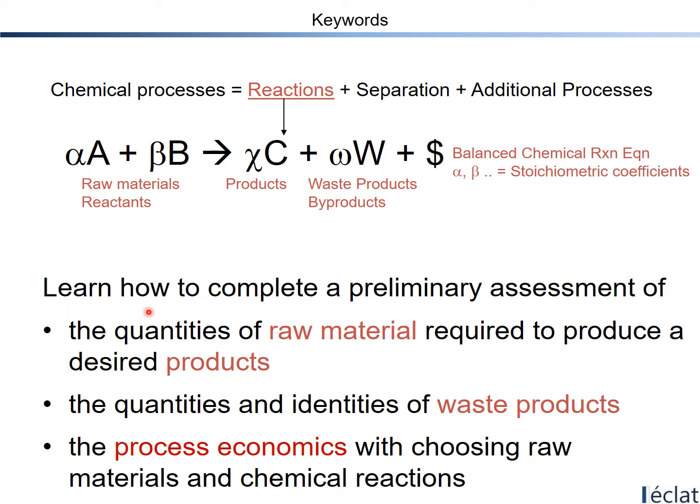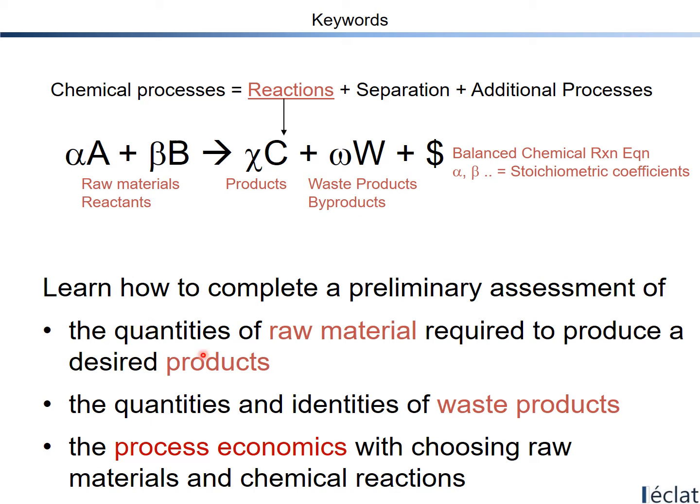You will learn how to complete a preliminary assessment of the quantities of raw material required to produce a desired product. So raw material, product, and we are thinking about the quantities.